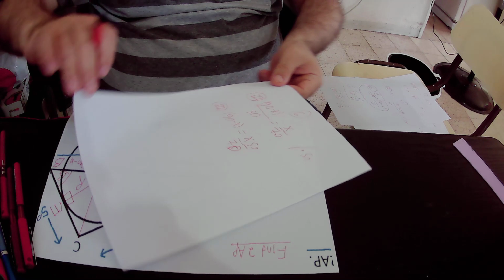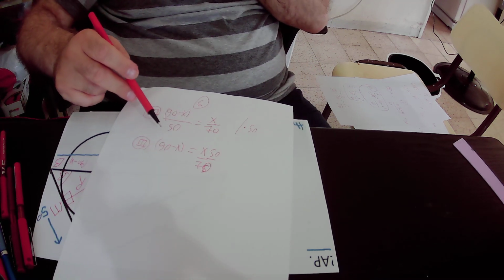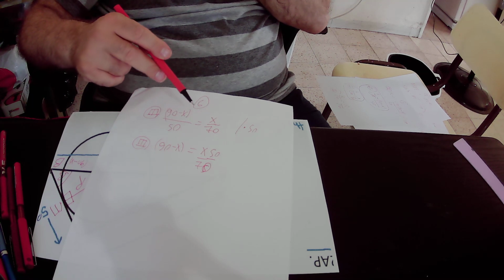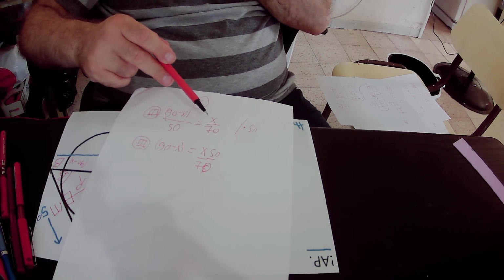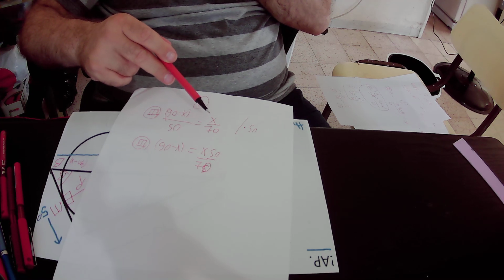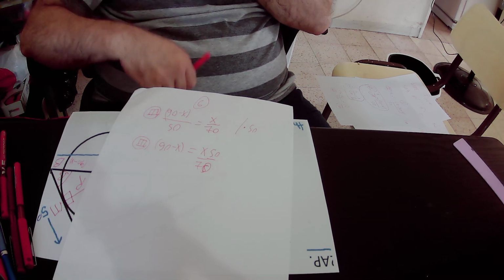Okay, again, 90 minus X divided by 50 times 50 equals 90 minus X, and X over 70 times 50 equals X times 50 over 70.